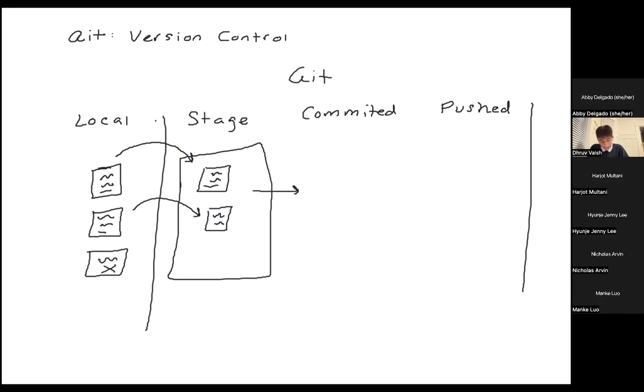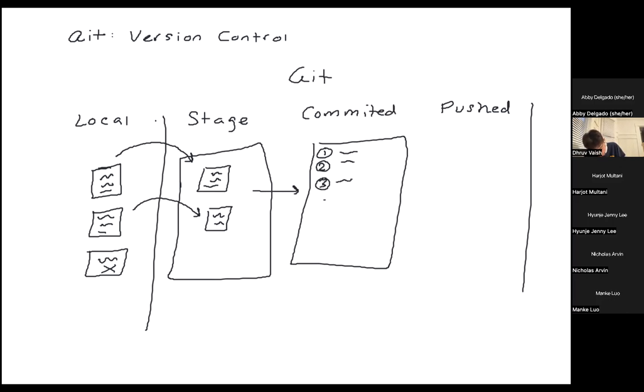So when I commit, Git has a history of everything I've done. Let's say time 1, time 2, I had these files, these files, these files. When I commit, it will add a new log in the history for these files. This is how it works on my local machine.